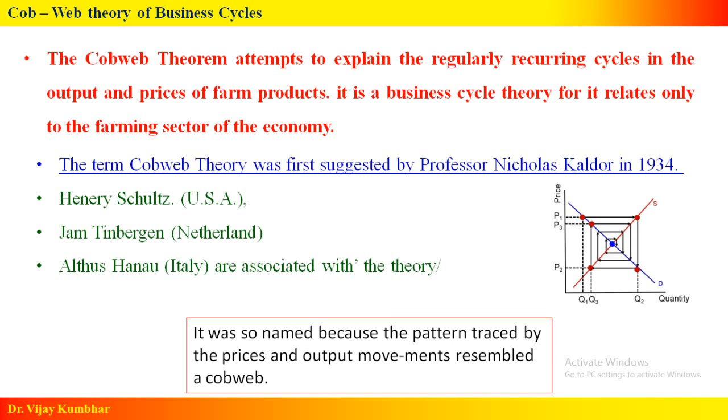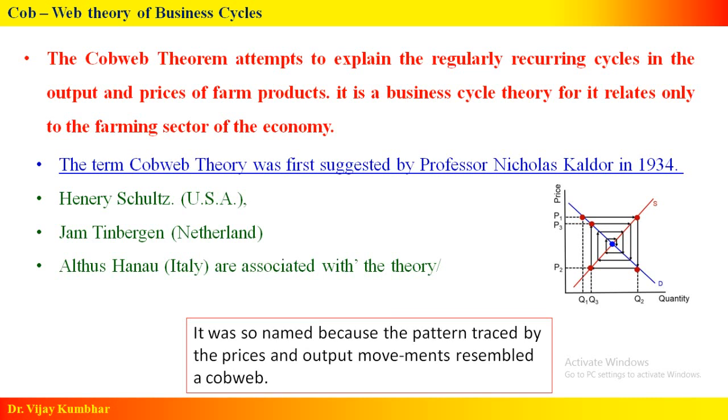The term cobweb theory was first suggested by Professor Nicholas Kaldor in 1934. After Nicholas Kaldor, Henry Schultz, Jan Tinbergen, and Althus Henus explained this theory more extensively.